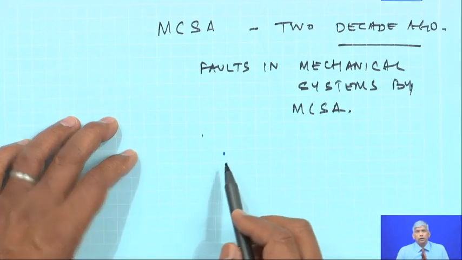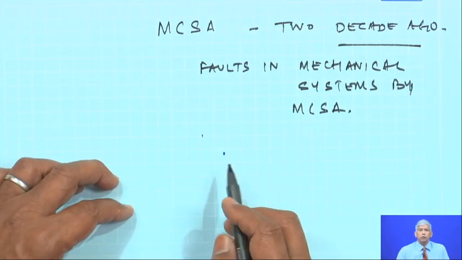So, MCSA is a technique which is fast coming up because of its convenience, and we will see later on some of the case studies where this has been applied.